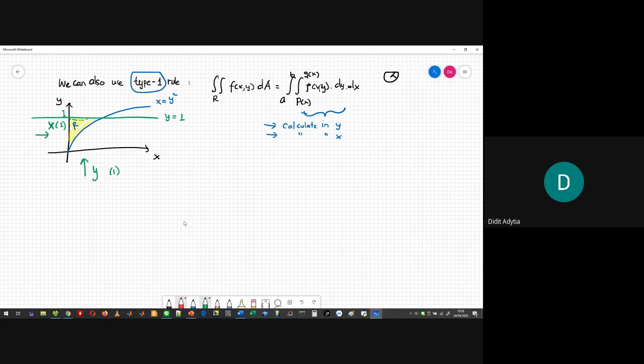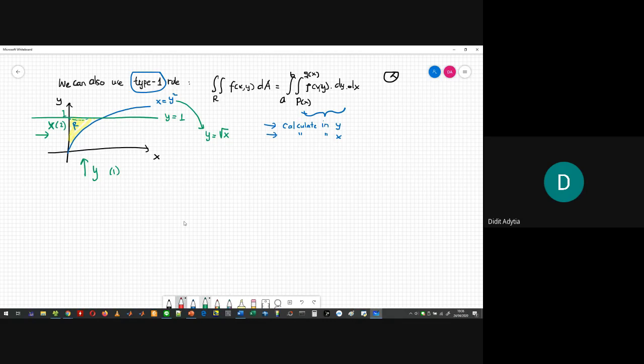Tapi ingat, kita harus merubah menjadi fungsi dari X. Okay? Semuanya harus dalam fungsi dari X. Fungsi dari X artinya yang ini harus dirubah menjadi Y is square root of X. Ini sebenarnya plus minus ya, tapi kita tidak memperhitungkan yang di bawah ini. So this is a function of x. Okay, we just change its form as a function of x.